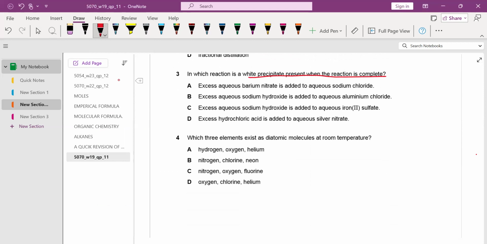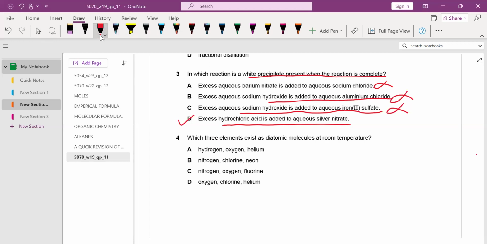Excess barium nitrate is added to aqueous sodium chloride, no. Excess sodium hydroxide is added to aqueous ammonium chloride, no. Excess sodium hydroxide is added to aqueous iron sulfate, no. Excess hydrochloric acid is added to aqueous silver nitrate, yes. So option D is correct for question number 3, as the silver chloride is insoluble and it forms a precipitate.